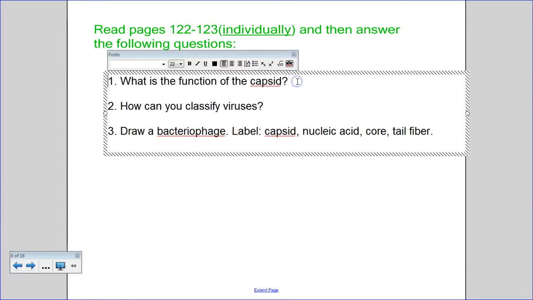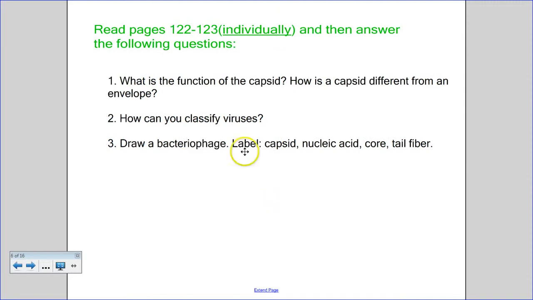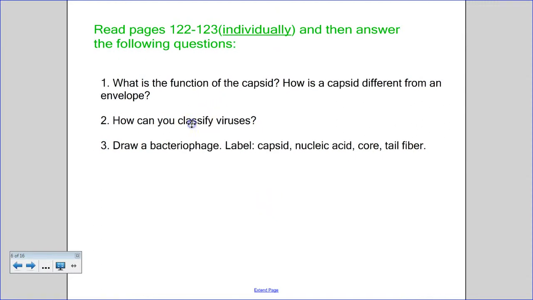But I also added, how is a capsid different from an envelope, I think is what I wrote. Or how does it compare? How are they related? Okay. And then how can you classify viruses? And I'd also like you to draw a bacteriophage and label those parts.